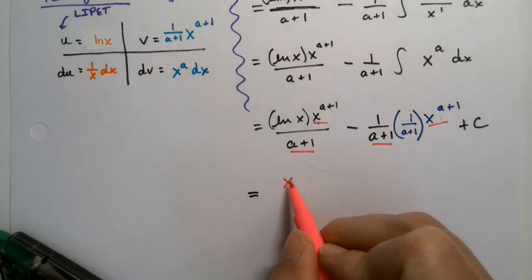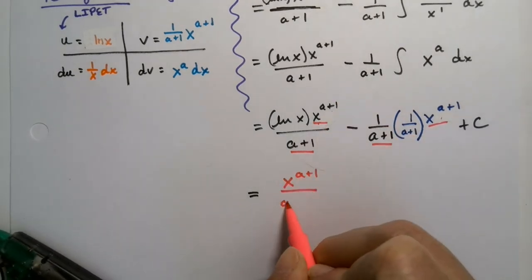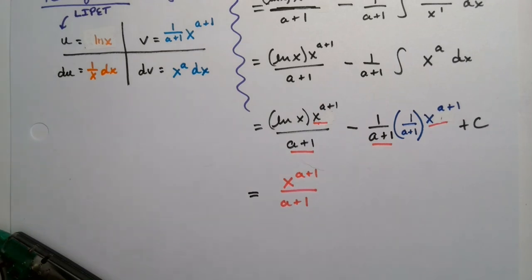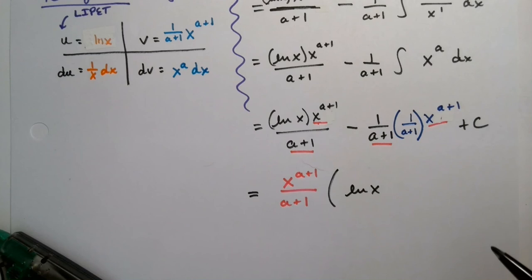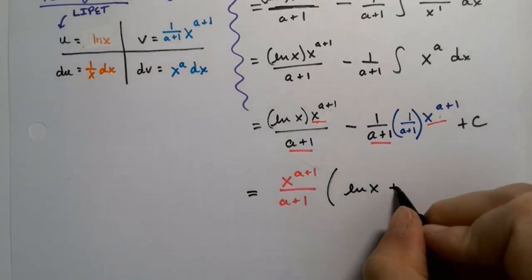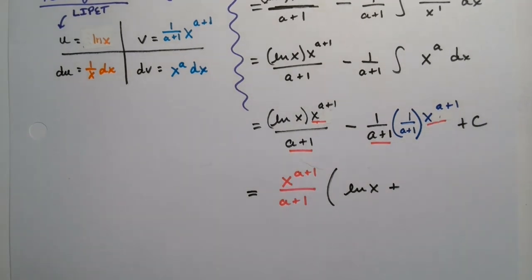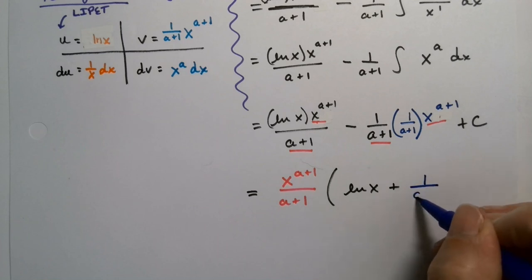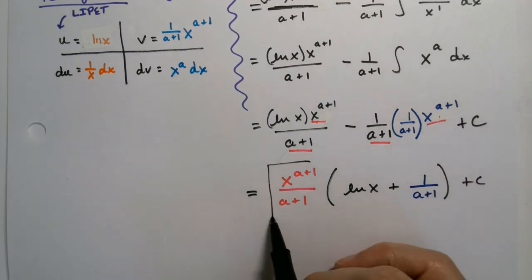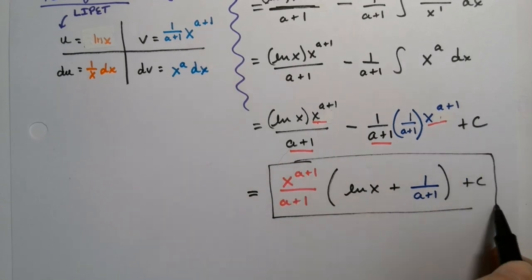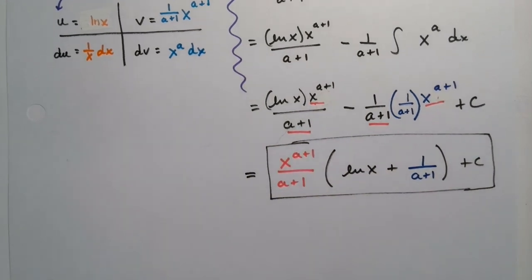So what I'm going to do is take an x to the a plus 1 and an a plus 1 out of both terms. In the first term, all that's left is the natural log of x, plus, and then the second term leaves me with 1 over a plus 1. And you're done. Just a simple integration by parts.